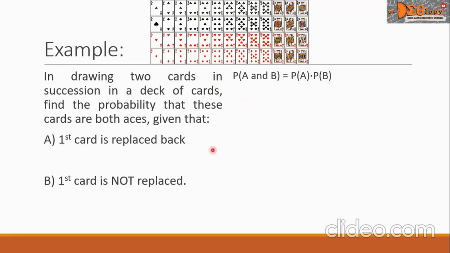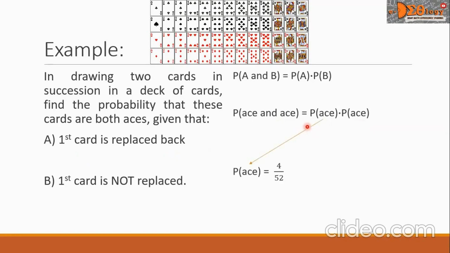Let us begin by solving problem A. We may write here the P of A's and A's equals P of A's times P of A's. But in letter A, the first card is replaced back after drawing.